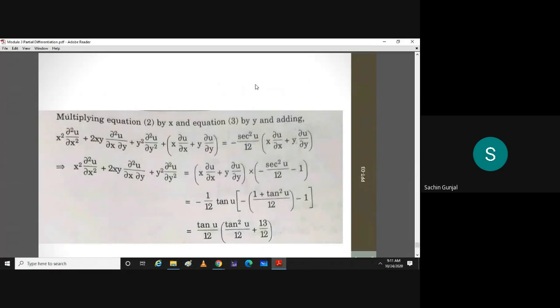Any other doubt? Please respond. Sir, how many marks will be the midterm? 15 marks. Sir, for all the subjects or only for LADC? I think for all the subjects it is 15.